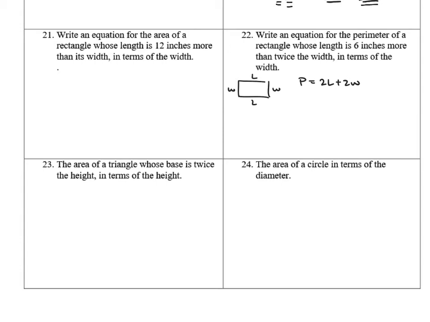Okay, and we've got to tie these together, so it looks like the length is 6 inches more than twice the width. So the length equals 6 inches more than twice the width.